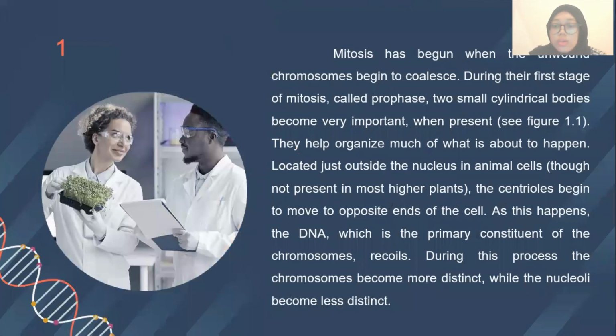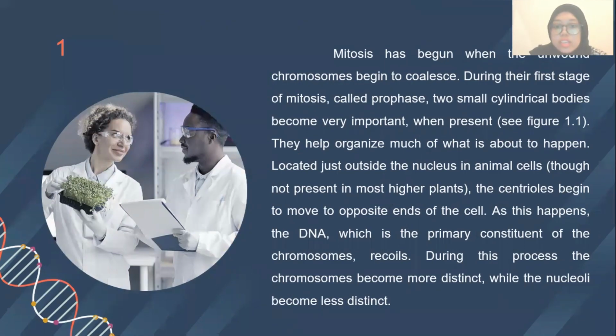Mitosis has begun when the unwatched chromosomes begin to coalesce. During the first stage of mitosis, called prophase, the small cylindrical bodies called centrioles become very important when present, and you can see that in figure 1.1. They help organize much of what is about to happen.